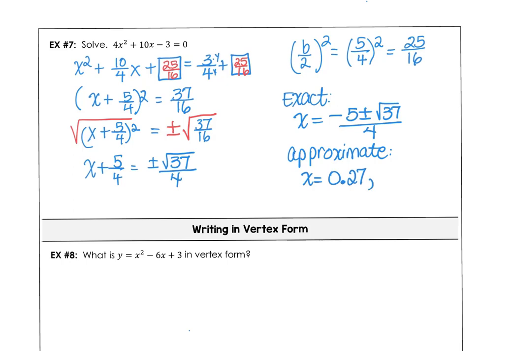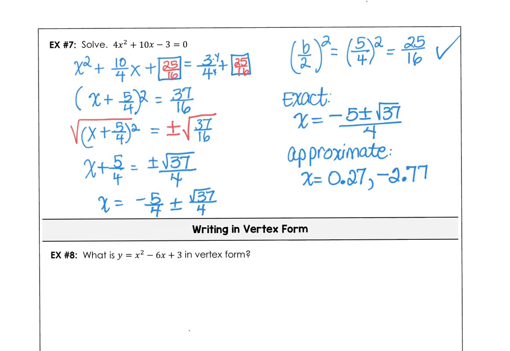And negative 5 minus the square root of 37 divided by 4 is about negative 2.77. So that was a really tricky one with this b over 2. You had to really think about that because we're cutting a fraction in half. 5/2 cut in half is 5/4.